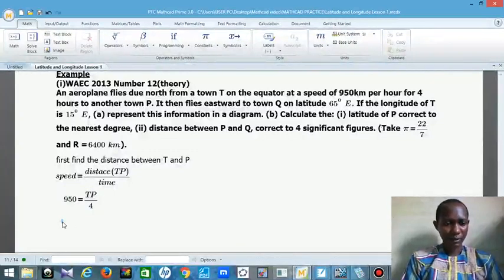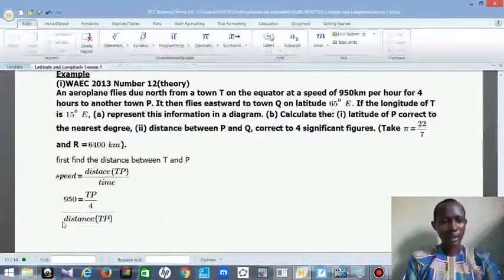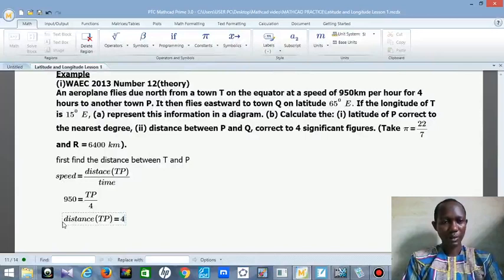Therefore the distance TP will give us 4 times 950.